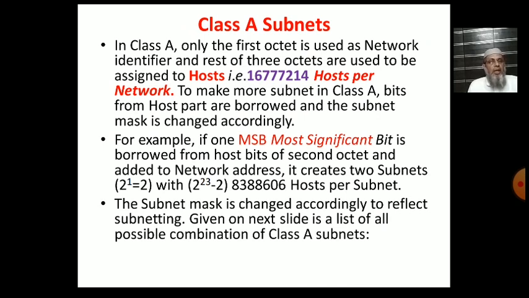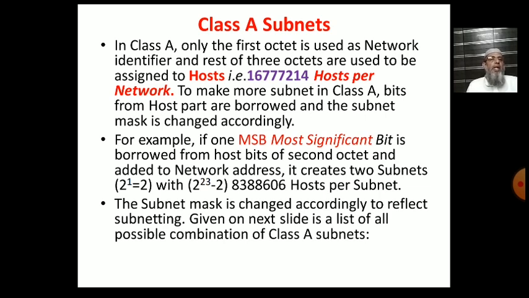So here in our example, as we know, class A has a smaller number of networks, and every network has a maximum number of hosts. So here we can see the hosts in one network, that is 1,67,77,214 hosts per network.